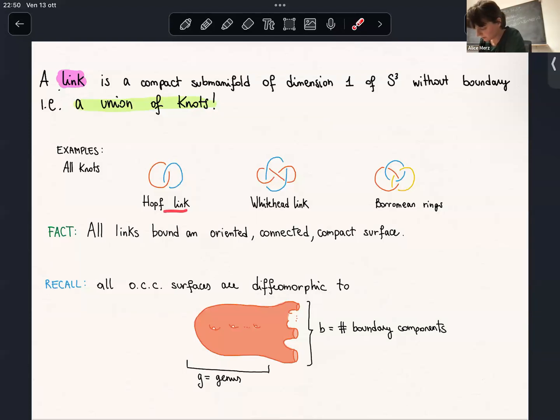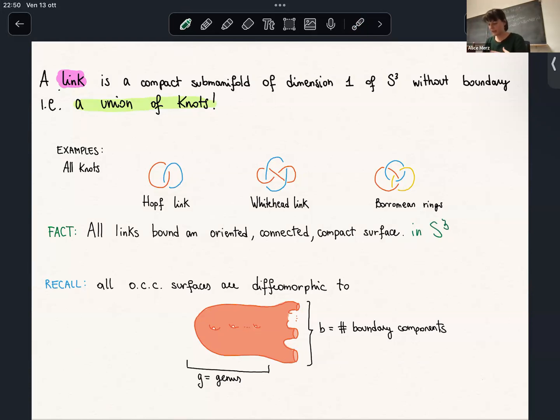And these are some examples that are not knots. Here you see the Hopf link, which has 2 components. And here I drew some other links as an example. A fact that is known and not too difficult to show about links is that they all bound an oriented connected compact surface in S3.